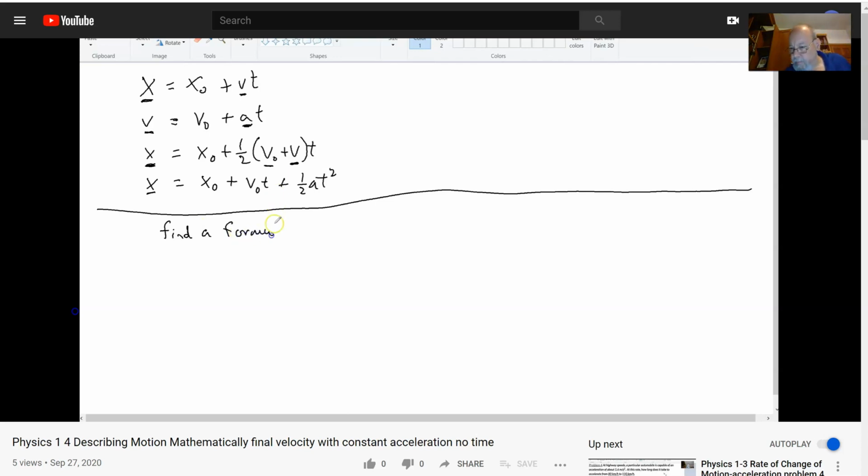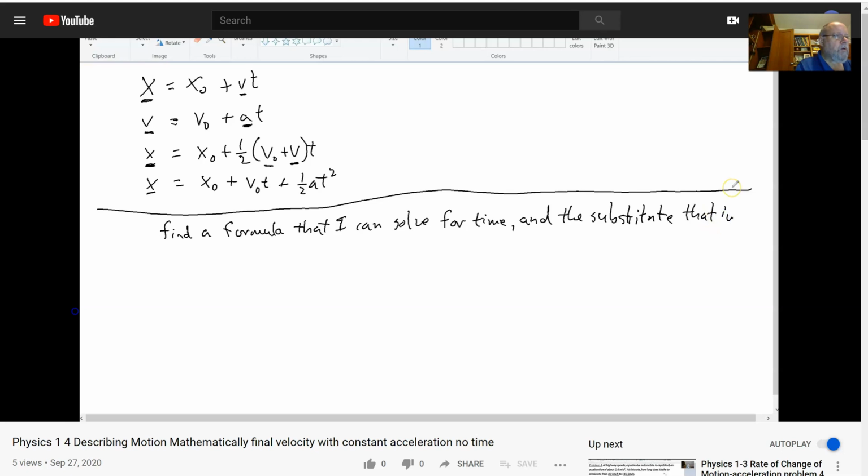Find a formula that I can solve for time and then substitute that in for t in another formula.